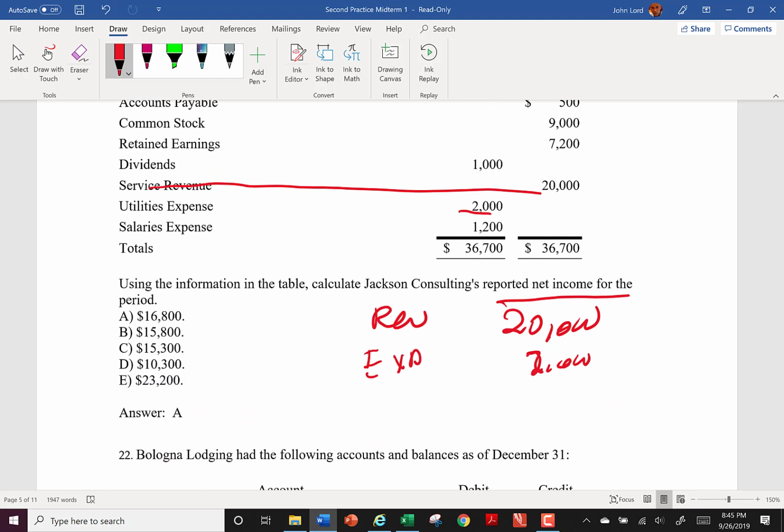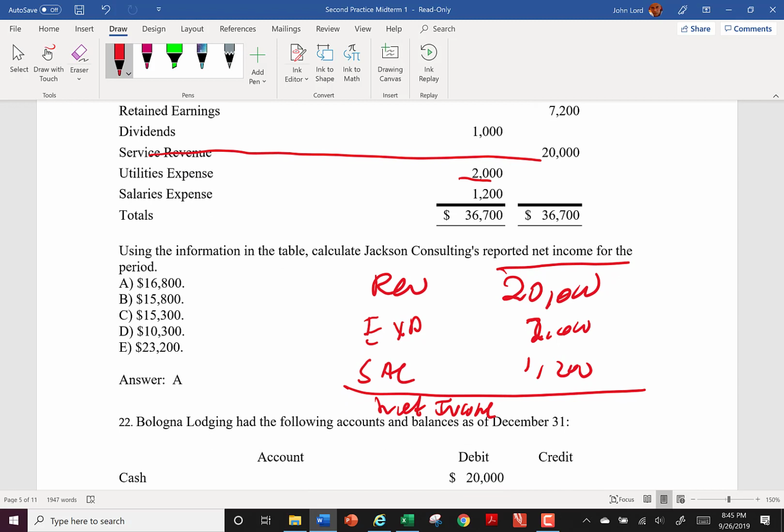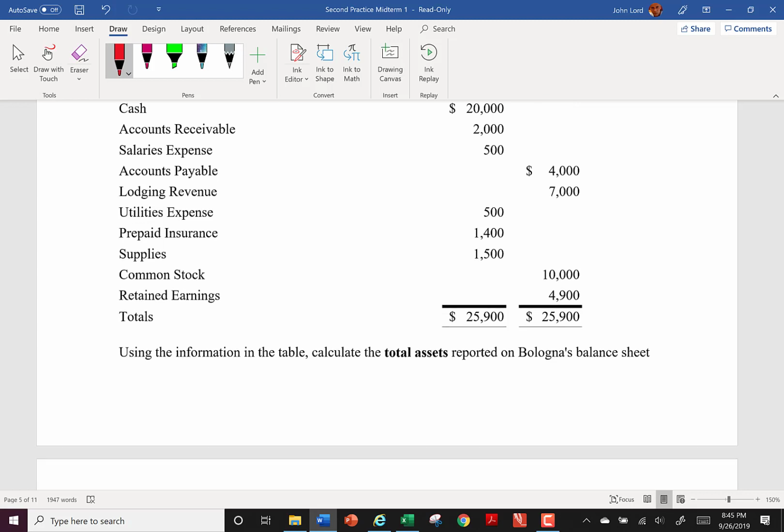And salaries are 12? Any more expenses? Nope. So my net income, did I just make an income statement? 16.8? Okay, good.